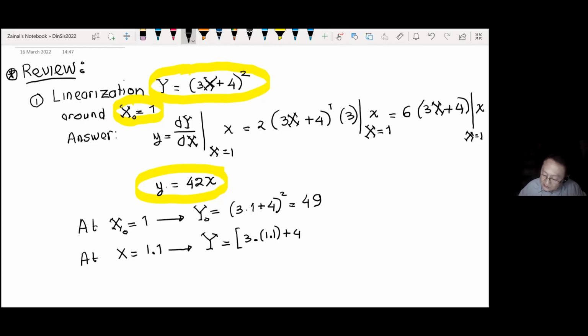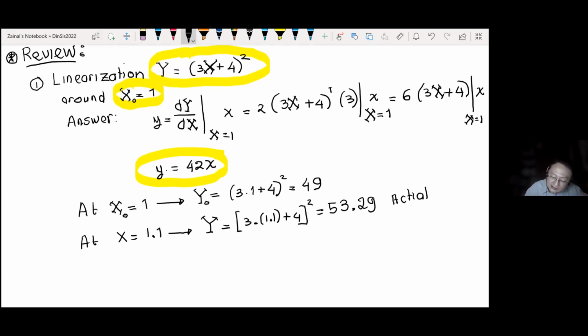So what you have, 3 multiplied by 1.1 is 3.3, plus 4 is 7.3 square. What you get is 53.29. This one is the actual value from the nonlinear equation.